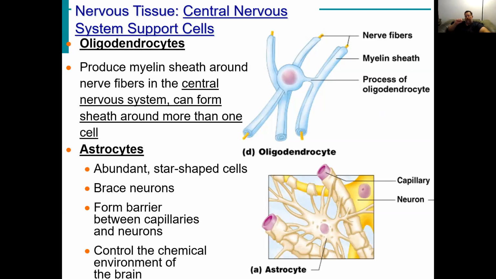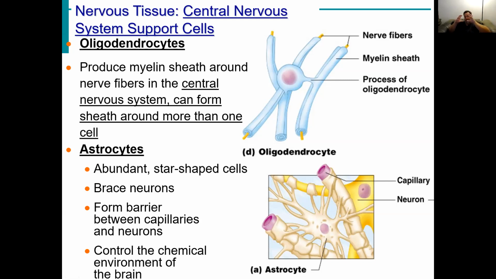Oligodendrocytes are found in the central nervous system. So the glial cells of the central nervous system is what we're talking about now. And so here we have our oligodendrocyte, and there's another big difference. The oligodendrocyte surrounds multiple axons, because remember the Schwann cell wrapped around one axon, like beads.